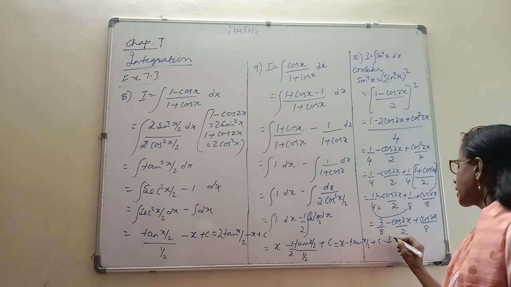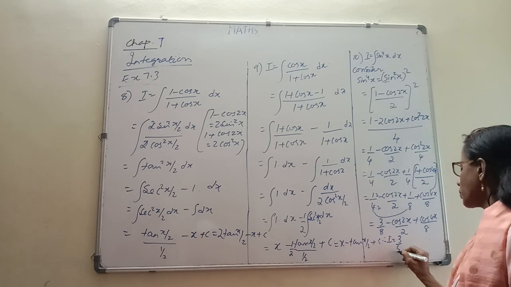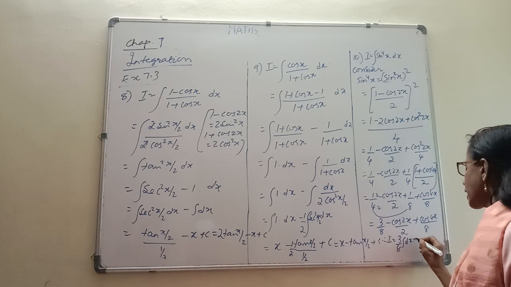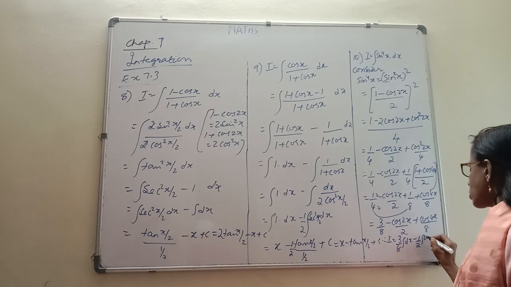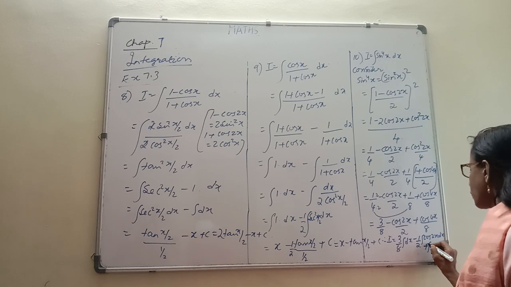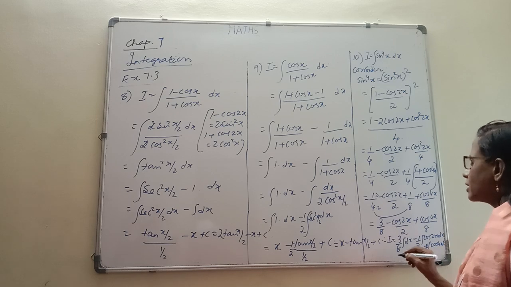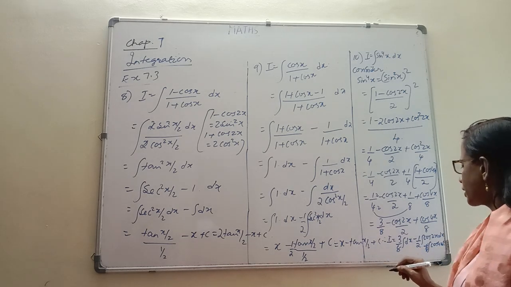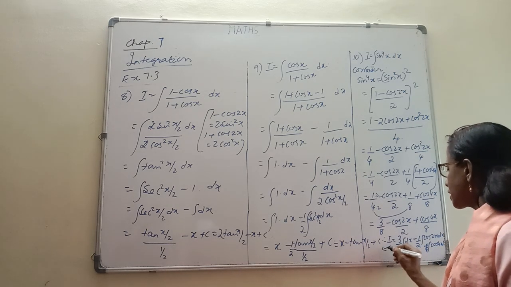So I is the integral of all these terms: 3 over 8 dx, then minus half cos 2x dx, then plus integral of 1 over 8 cos 4x dx. I don't know where I can write the integral. I'll try to squeeze it in here.